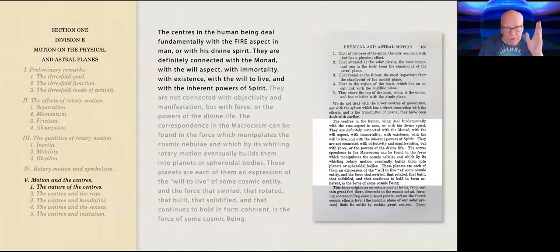So the centers are connected to the monad because the streams of fiery energy that make up the centers is initially transmitted from the monad to the ego, which in turn uses this fire to form the centers of the three lower vehicles during incarnation. In fact, another term for the etheric body is the body of fire.